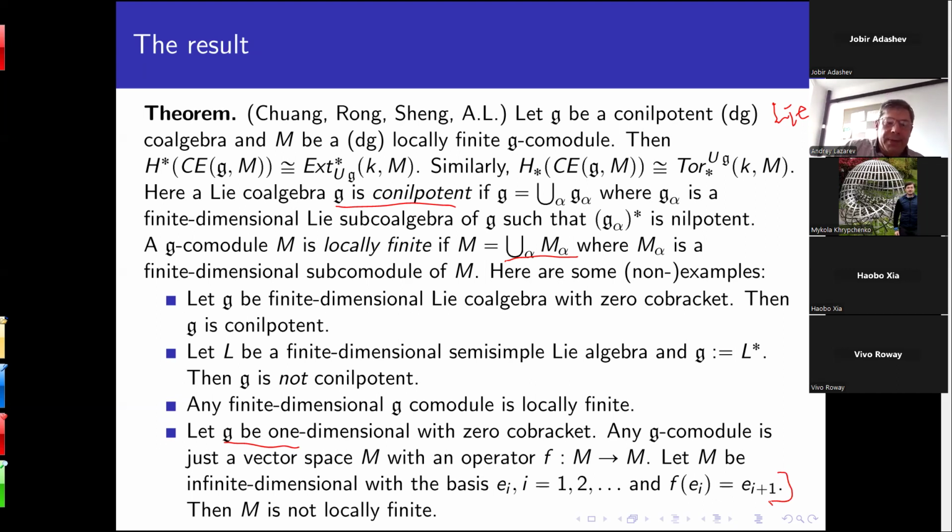Then clearly M is not locally finite. There is no finite dimensional subspace of M which is stable under F.